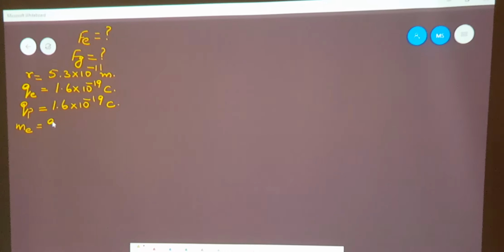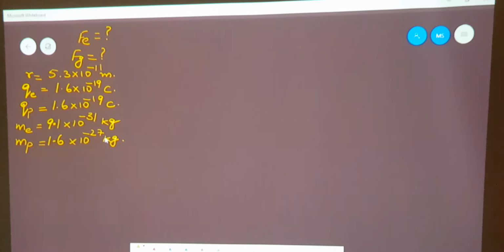Mass of the electron is 9.1 into 10 to the power of minus 31 kilogram. And let us go for the mass of the proton. Mass of the proton, we can write, is 1.6 into 10 to the power of minus 27 kilogram. And these are the given data.